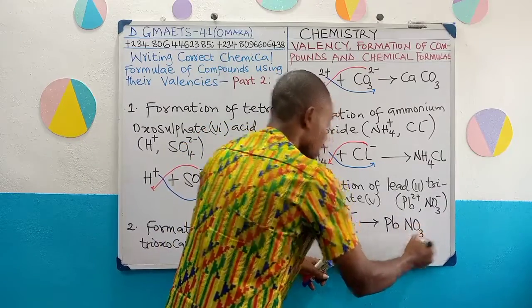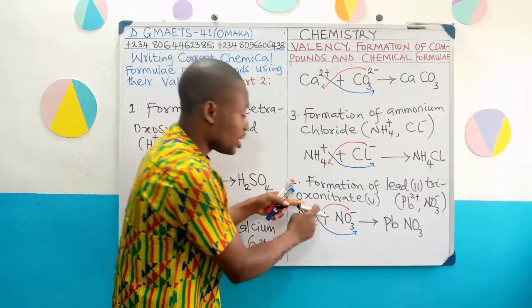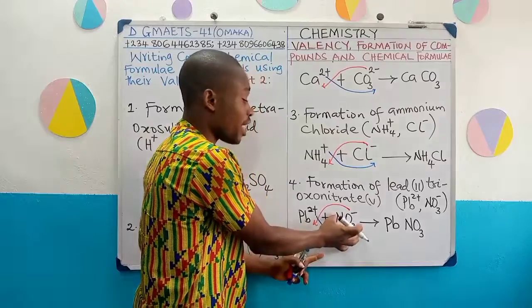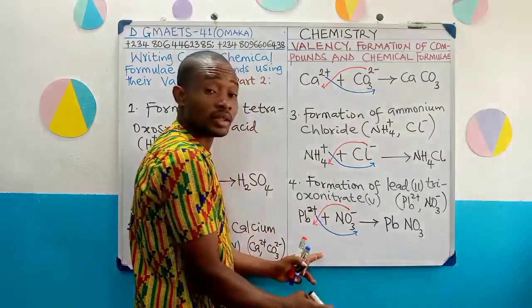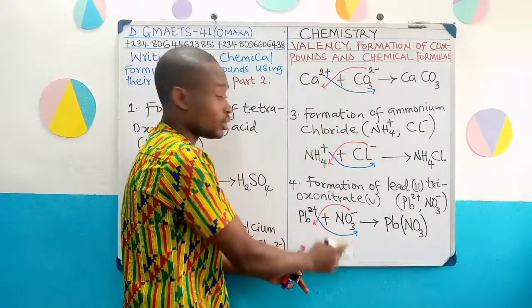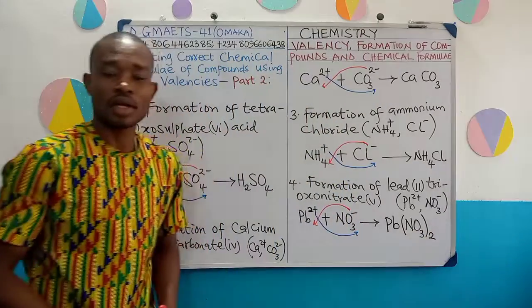Take note that the valency of lead, which is 2, steps down to become the atomicity of NO3, and it will be affecting both nitrogen and oxygen. It will be affecting all the elements in the radical. So you enclose it in brackets and then you put 2 outside.